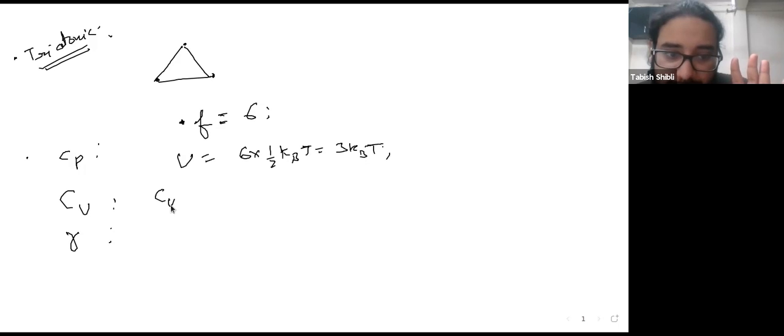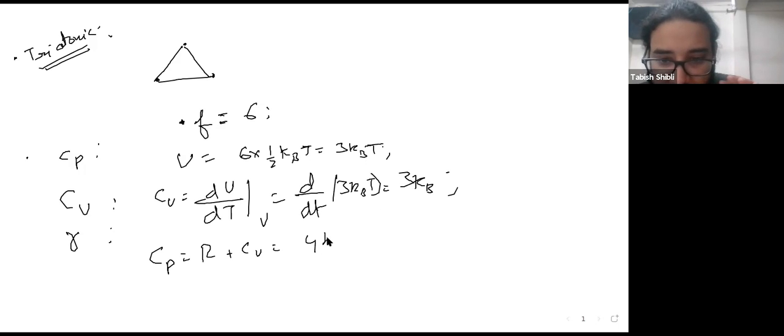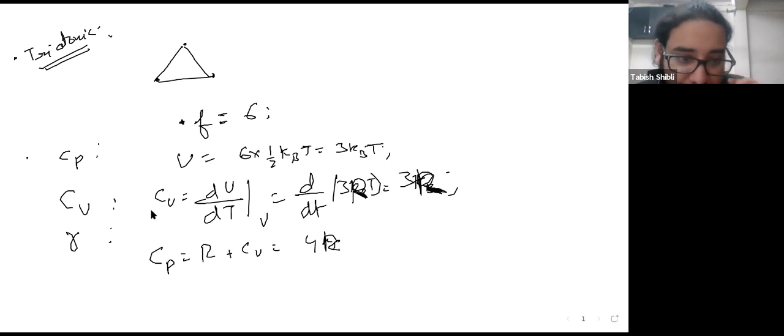Hence, your CV is dU by dT at constant V, which is d by dT of 3 kBT, which is nothing but 3 kB. Hence, CP is R plus CV. So that's 4R, not kB. All of these are supposed to be R here, because when we're calculating CP and CV, we're not calculating for one molecule, we're calculating for a bunch of molecules.